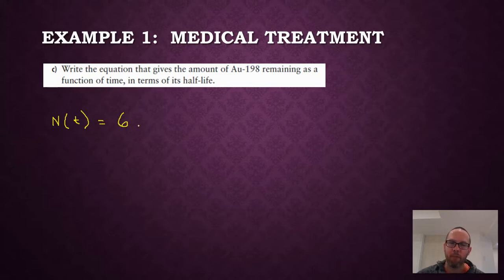But if you want to write something in terms of its half-life, we're going to use a base of 0.5, or half. And the way to implement the half-life is to put it in the denominator of a rational expression in the exponent: t over the half-life, which we found was 2.61.